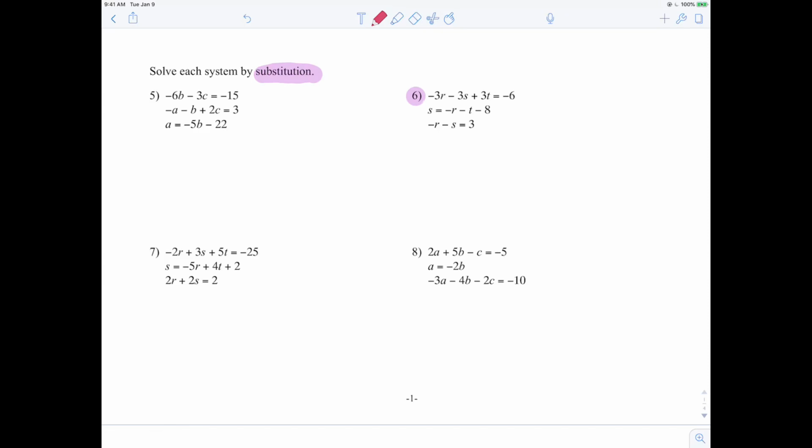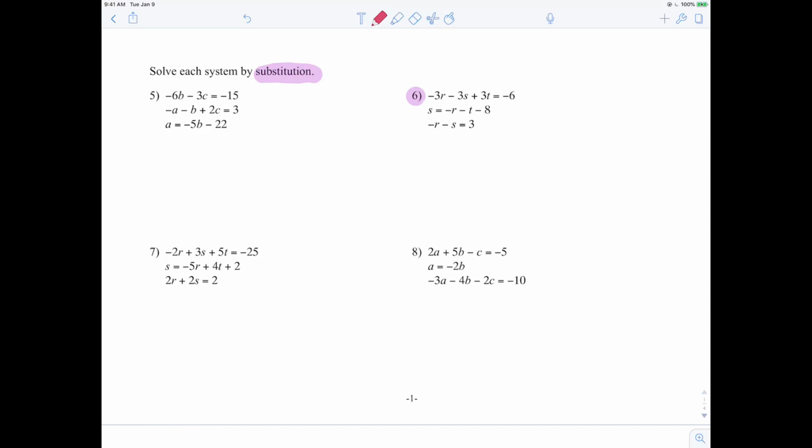Something that I saw, yes, by substitution. So what I thought would be easiest is I see that the s is all by itself, but I see that it has 3 variables in it. The third equation has only 2 variables in it.